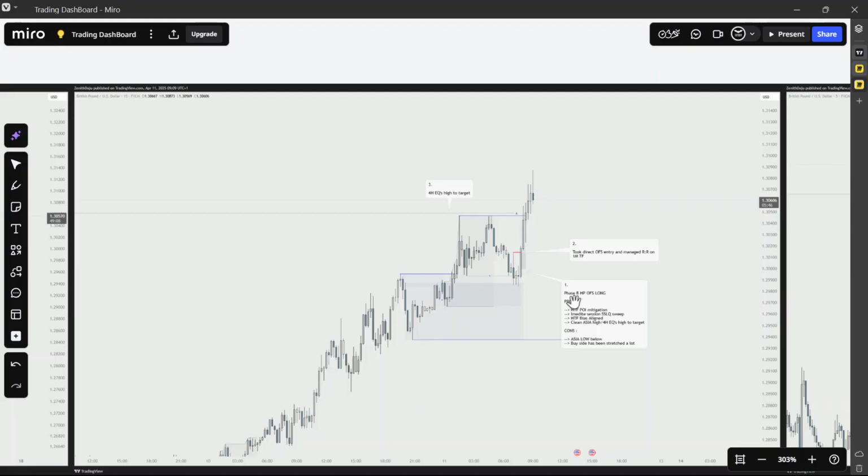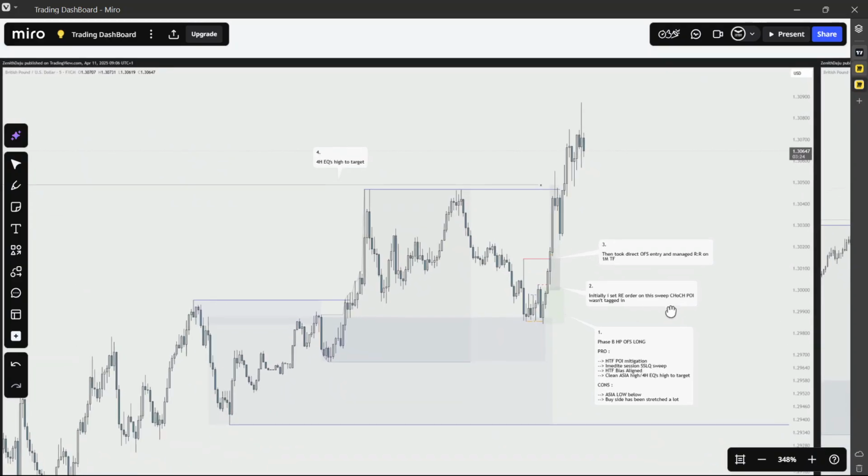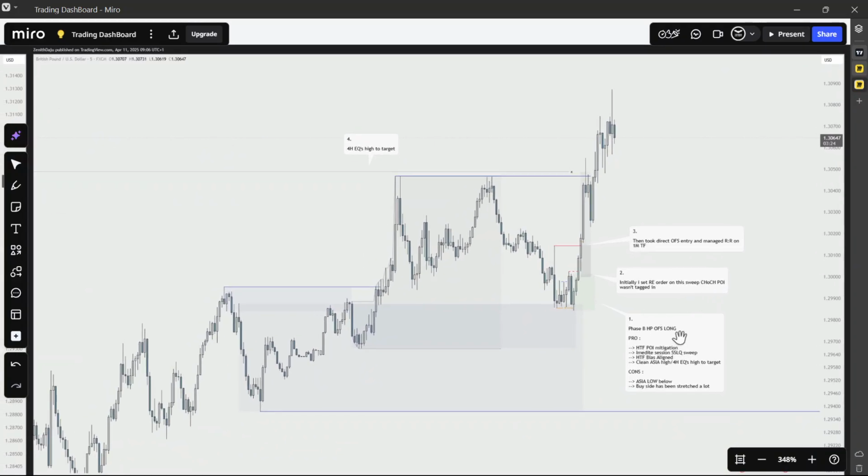This is the M15 markup, and this was my explanation of how I saw things at that point in time. If you want to go into more detail, pause the video right now and read through these notes, and you will understand more.